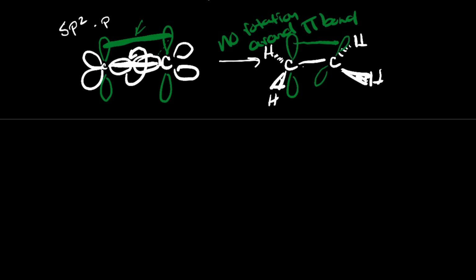Actually, let's dive in a little bit because there's a couple of things to unpack here, right? I drew this hydrogen as going away, this hydrogen coming out at you. So first of all, what is this molecule? This molecule is called ethylene. Okay? And ethylene is composed of two bonding frameworks.